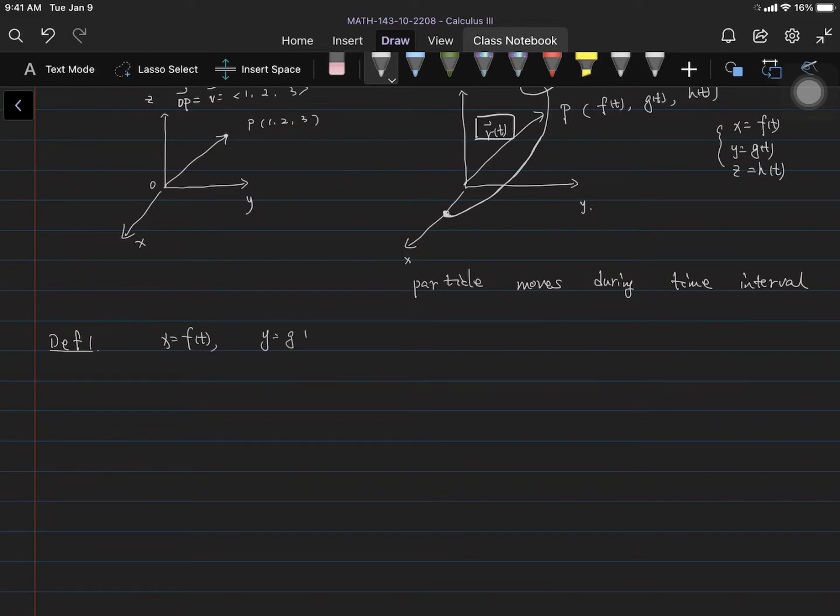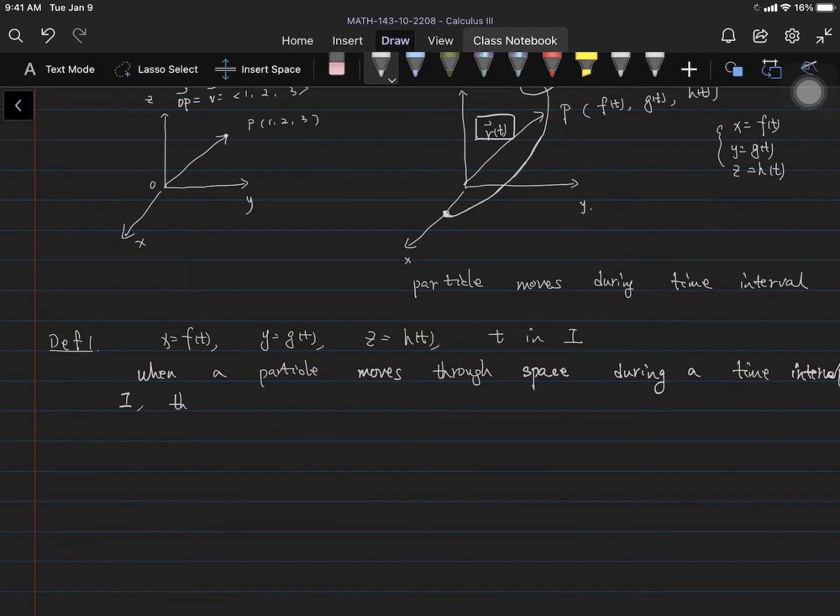So all the components are functions of t, and z equals h(t), and t is in some interval I. So let's say when a particle moves through space during a time interval I, then we think of the particle's coordinates as functions defined on I. Then the points given by those functions f(t), g(t), h(t) make up the curve.